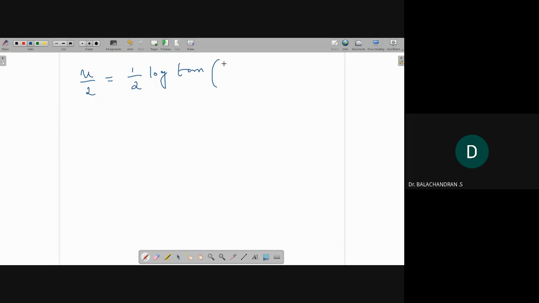What is a? Pi by 4, plus theta by 2. So u equal to what? Finally, you can cancel this 2 and 2. u equal to log tan pi by 4 plus theta by 2. So this is the final answer. Actually, we need this one.